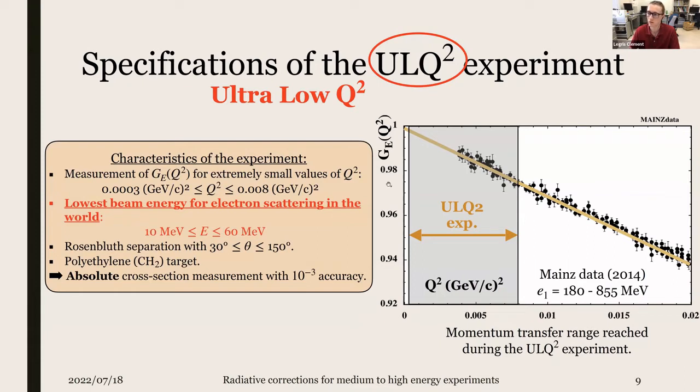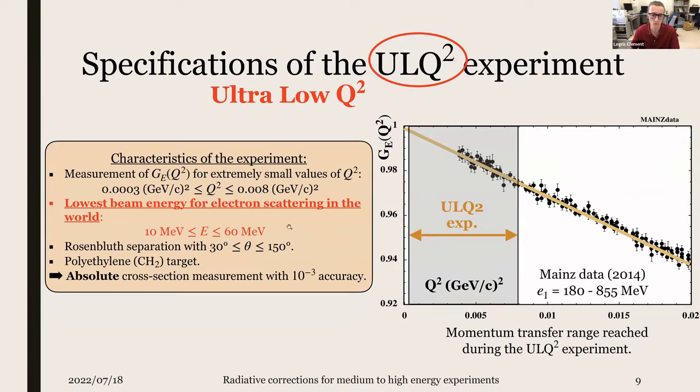Only recently the Paris experiment could go to 2 × 10⁻⁴ GeV²/c². If you compare with Mainz data, for example, they went down to 4 × 10⁻³ GeV²/c², so we'll be in a much lower Q² range.